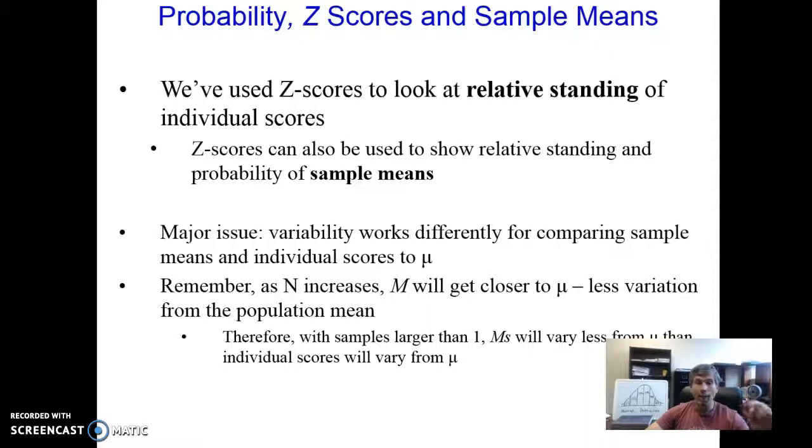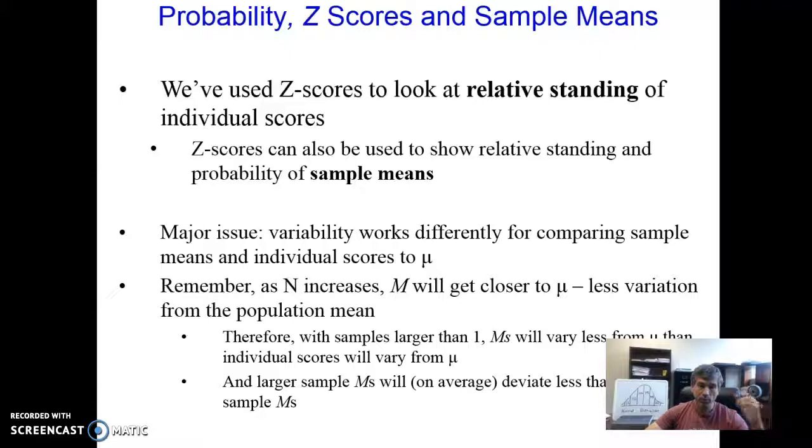So anytime you have a sample larger than 1, the sample mean is going to be closer on average to the population mean than individual scores would be. So the more people you measure, the more accurate these sample means become. The bigger the sample, the lower the deviation. Basically, they become more accurate estimates of the population mean as you get more scores, as you measure more people.